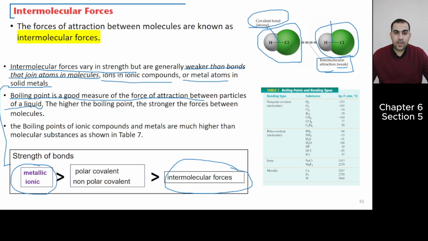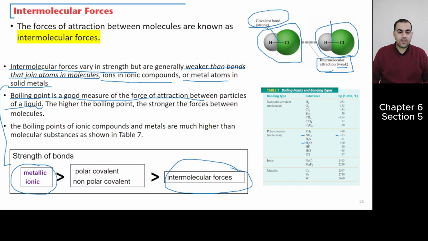The boiling point of water is 100 degrees Celsius, isn't it? It's high compared to others. But look here, for example, what about NH3, ammonia? Its boiling point is negative, very low, because the bond between NH3 molecules is weak. Okay, the strength of the bond.